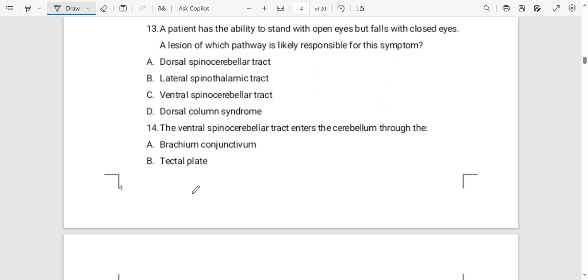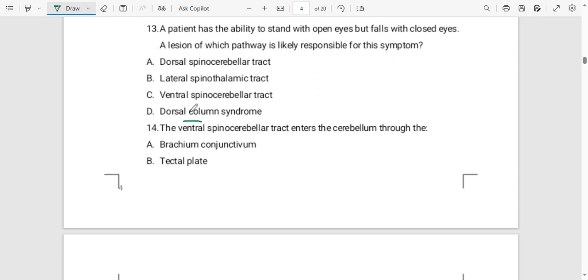So that's actually one of the comparisons when you're comparing injury to the cerebellum and injury to the dorsal column. Remember, the dorsal column contains the gracile tract and also the cuneatus or cuneate tract. Those are also involved in balance and in touch and those things.